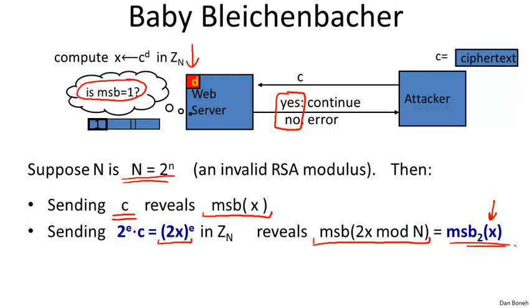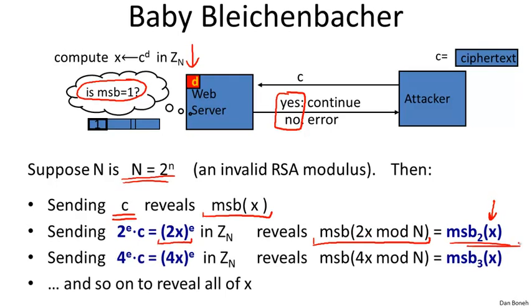So now we learned another bit of x. And now we're going to repeat this again. We're going to query at 4 to the e times c. That corresponds to querying at 4x to the power of e. Querying at 4x reveals the most significant bit of 4x mod n. Multiplying by 4 corresponds to shifting by 2 bits, which means that now we get to learn the third most significant bit of x.